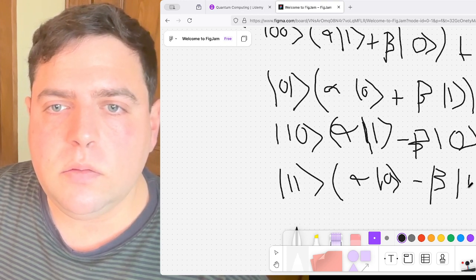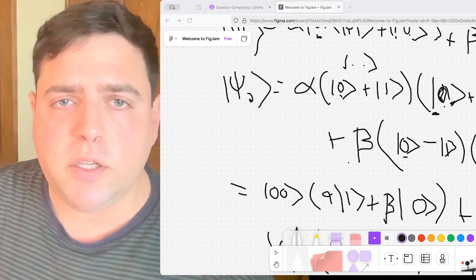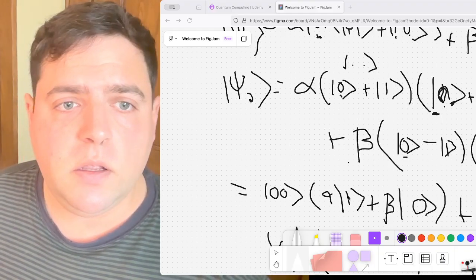Okay, good. So this is just rearranging. We haven't done any quantum operations on this at all. We're simply rearranging terms here to make the measurement outcome more clear.